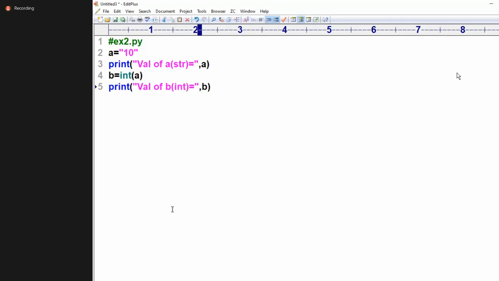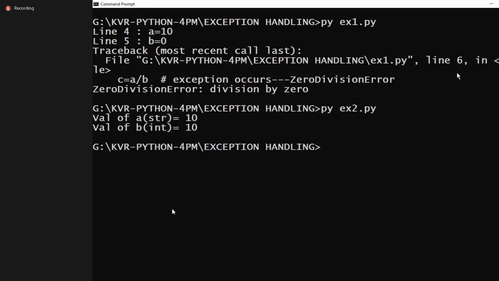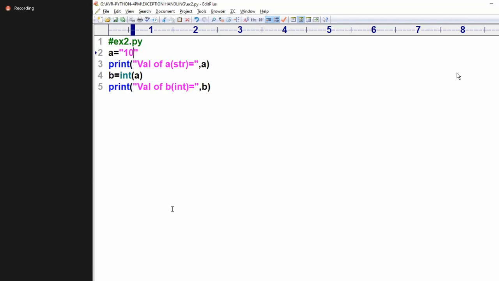No problem. See, all of a sudden I am writing 10 kVr. Is it possible to convert or not? No, sir. So a is printed, line number 3 is printed, but int of a, you are unable to get it. PVM is unable to convert. First answer my question: is PVM able to convert or unable to convert?